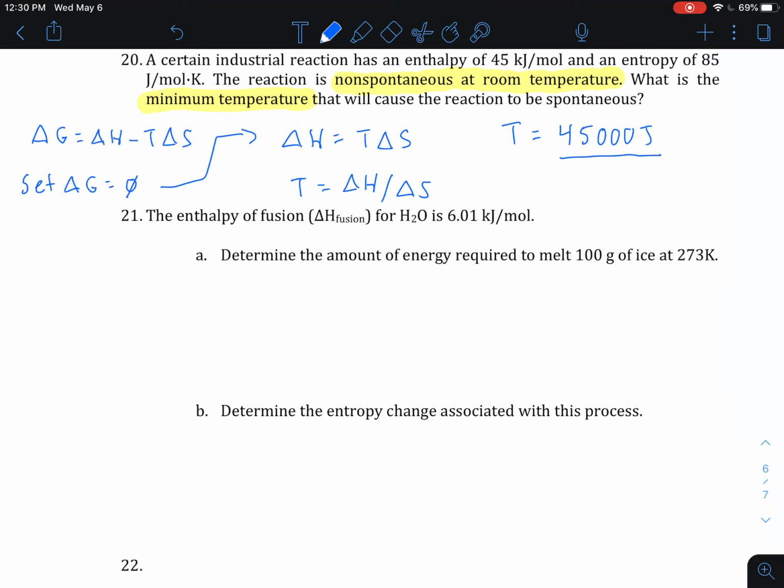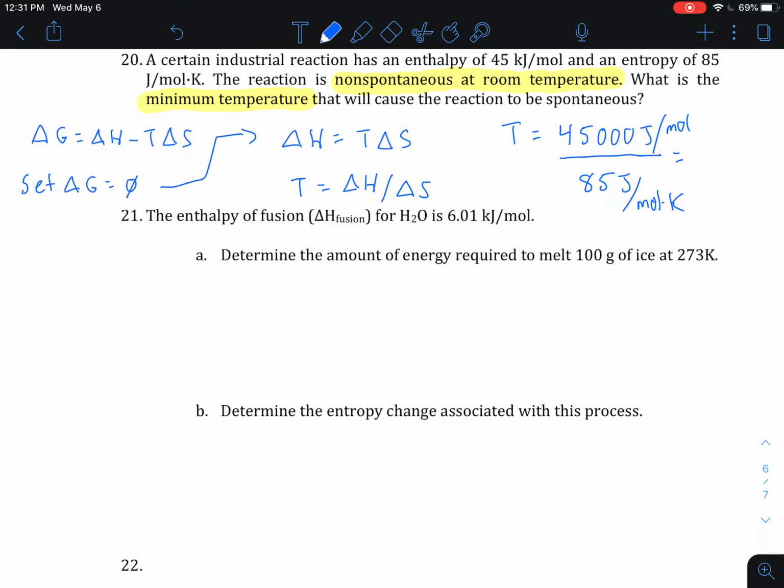So the enthalpy is 45 kilojoules, or 45,000 joules. And then the entropy, already in joules, 85 joules. And it's joules per mole and joules per mole per Kelvin.